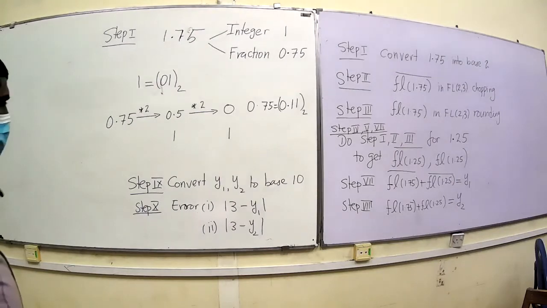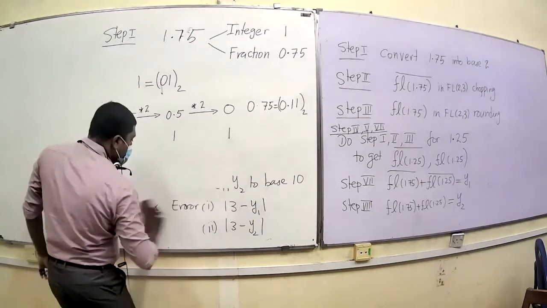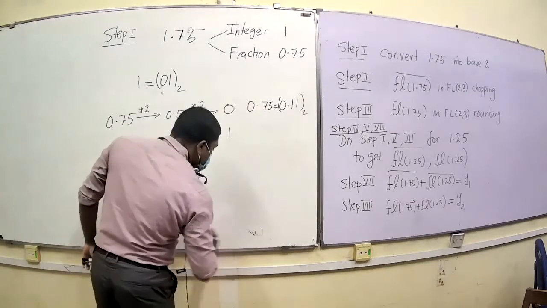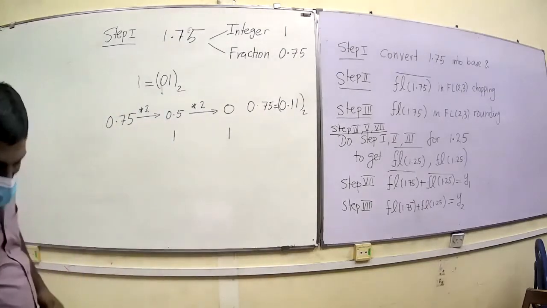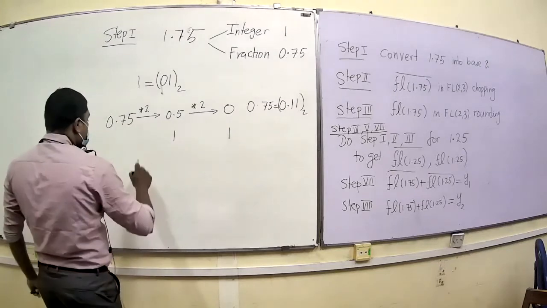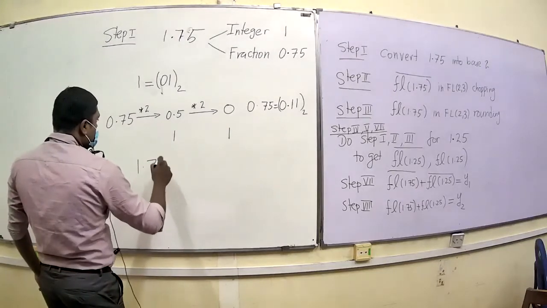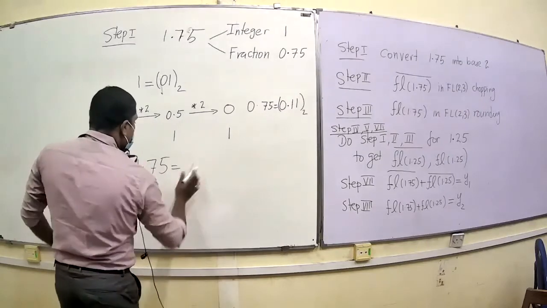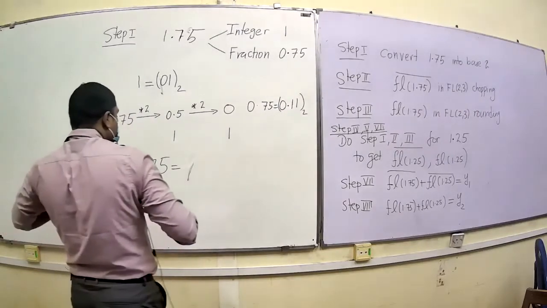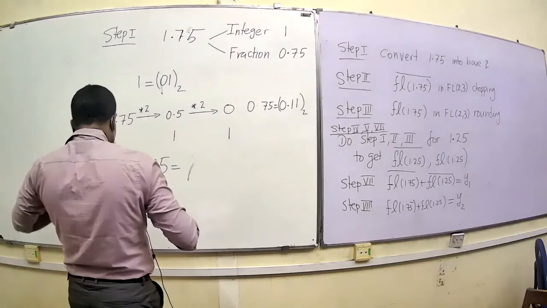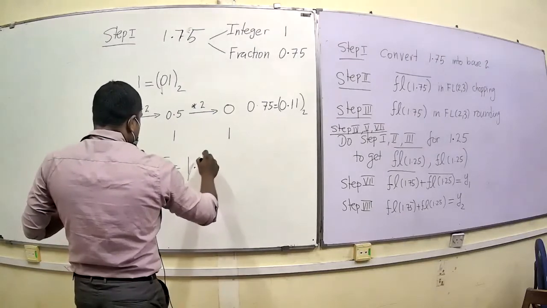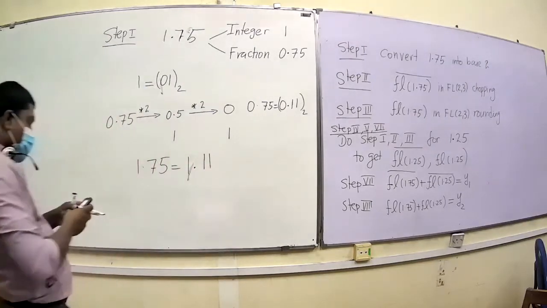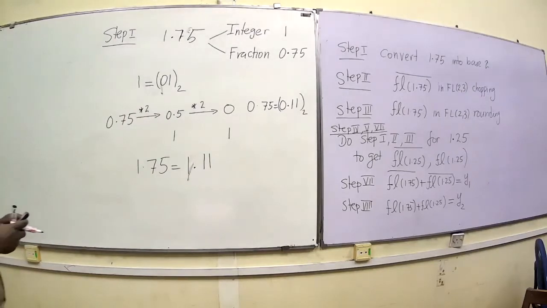So then what you do? Then you write the complete transformation. Okay, so 1.75 is 1.11, right?